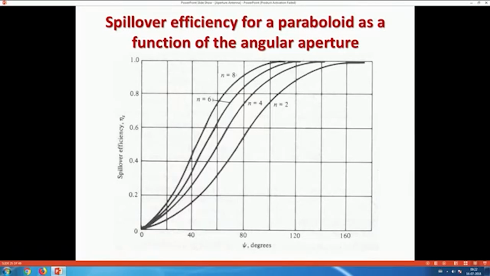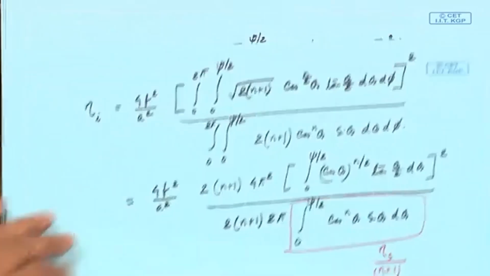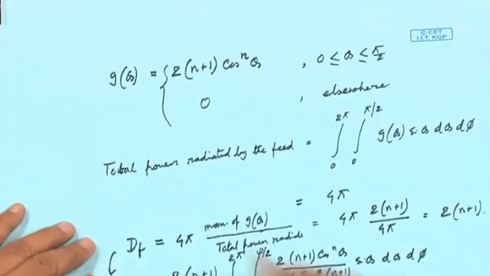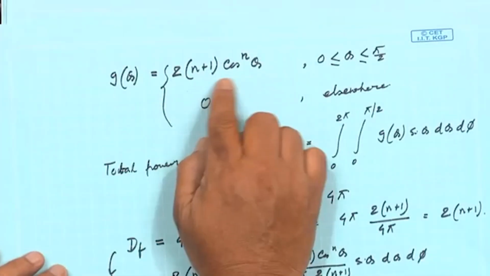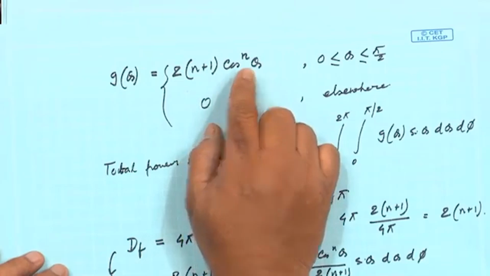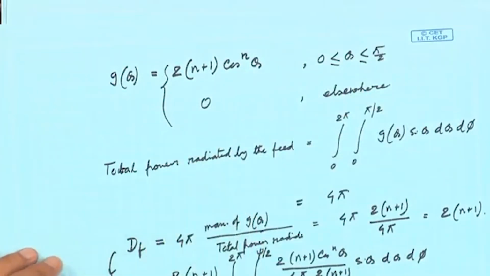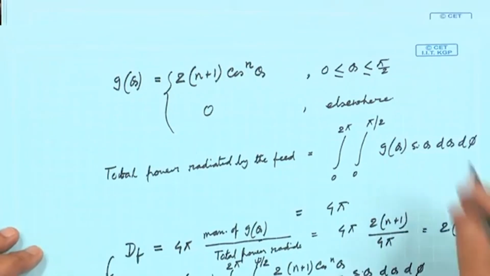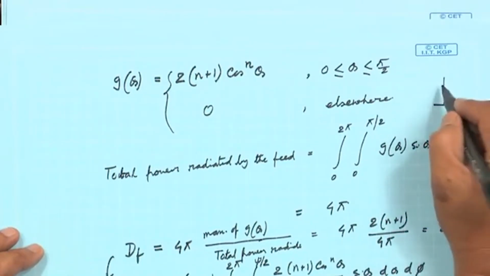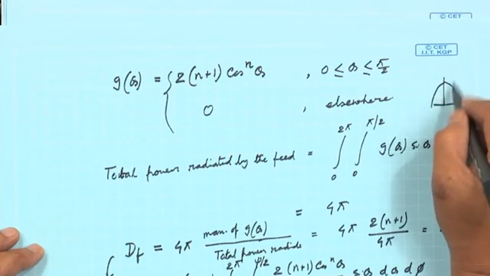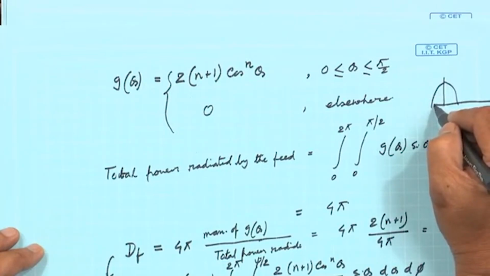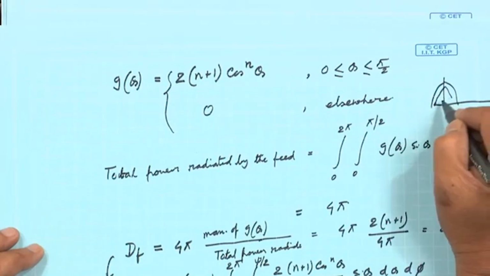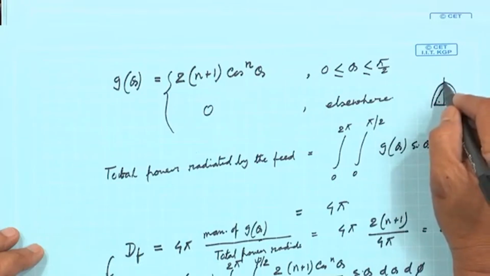Physically, if you look at this expression, what is n? N comes from here, that more directed feed. The cos function you are making, suppose you have a cos function is generally this, but if you square it, it will be more peaky.